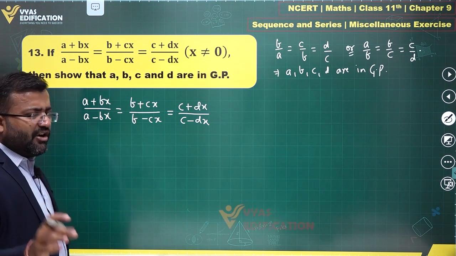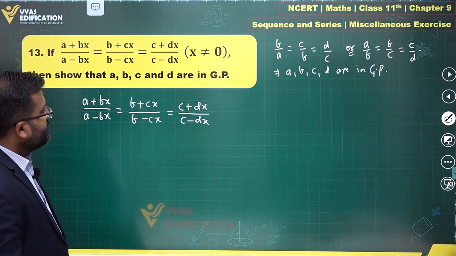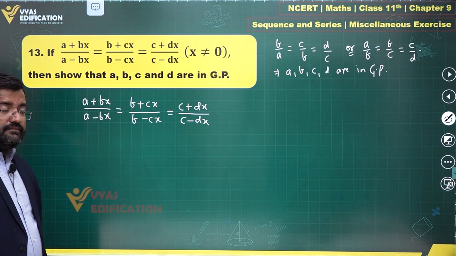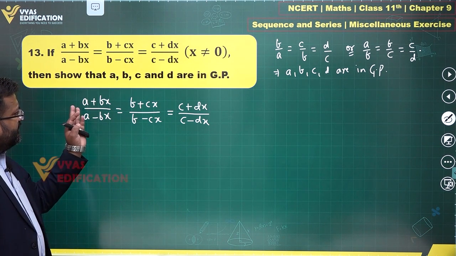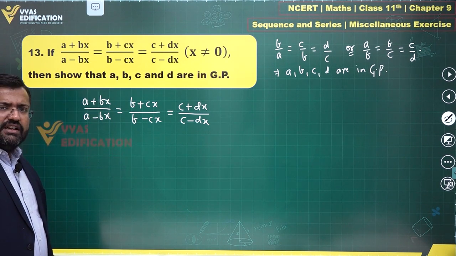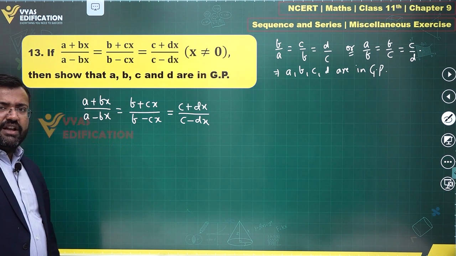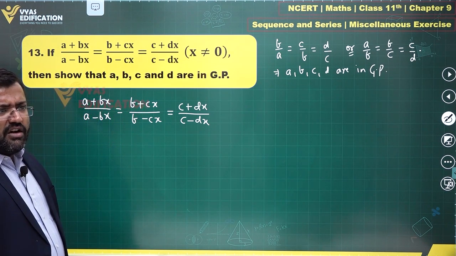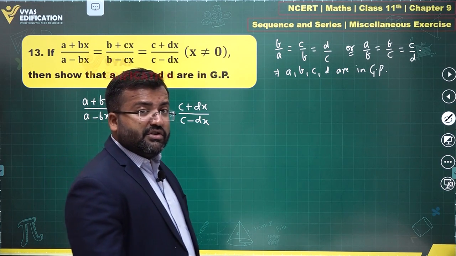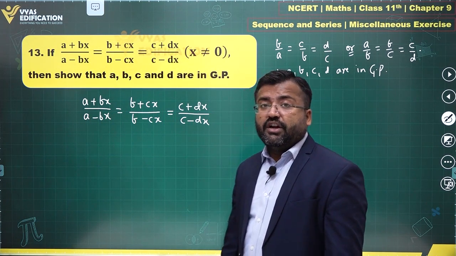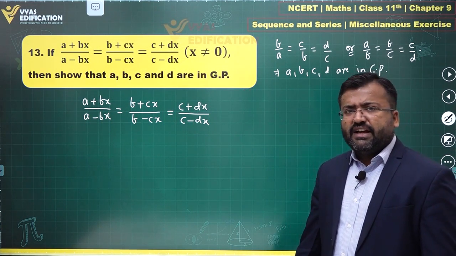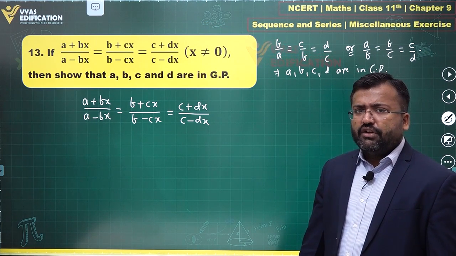The important thing that I observe is that I see a + b, a - b type of thing. Can you think of applying componendo and dividendo? Or do you see that this has been obtained by applying componendo and dividendo on something? So how will we get that original thing? We'll apply componendo and dividendo on this.